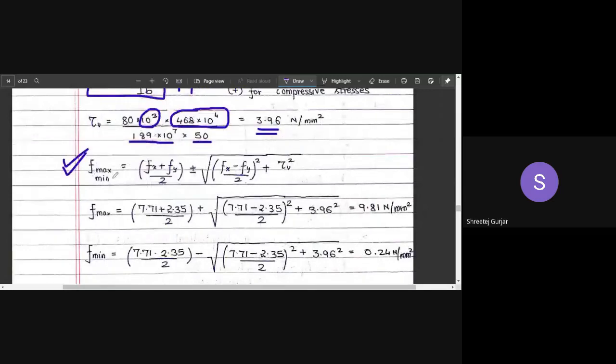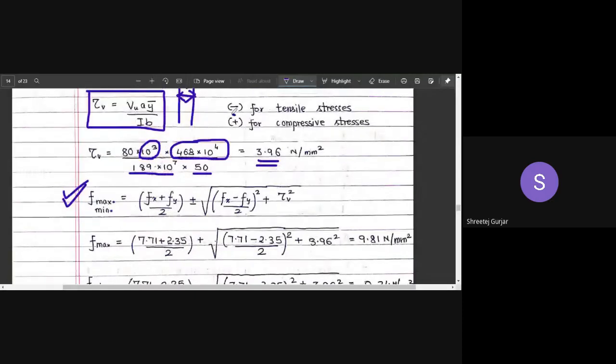This is the formula which we use for calculation of principal stresses, that is maximum and minimum. If you use plus, it will be maximum, and plus indicates compressive stresses. And if you substitute minus and get a minus answer, it denotes tensile stresses.